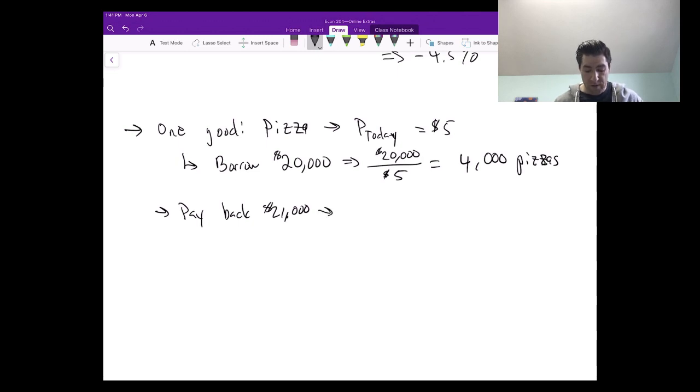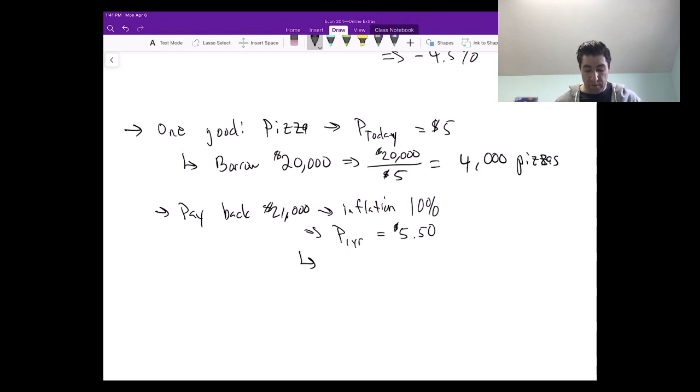Well, if we stick with the inflation of 10%, that would imply the price of pizza in 1 year would be equal to $5.50. That would be a 10% increase in the price of pizza. So now a pizza costs $5.50.